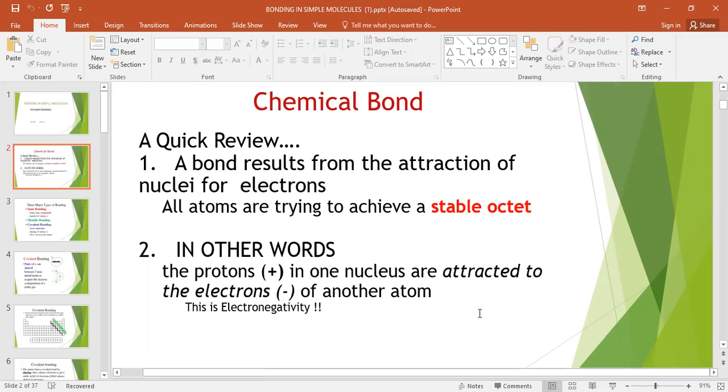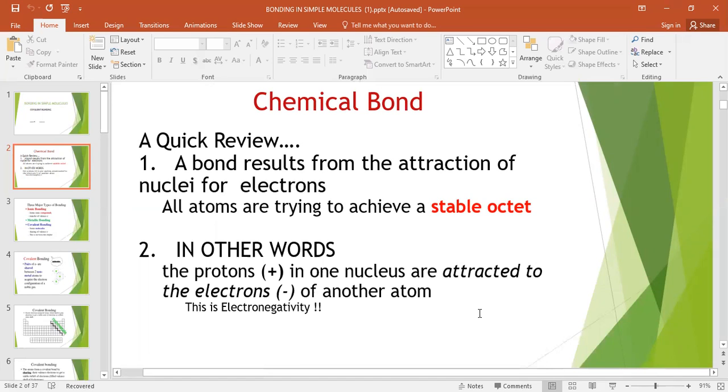When the proton, positive, of one nucleus is attracted to the electron of another atom, maybe chlorine or any other atom, then they will form a chemical bond.